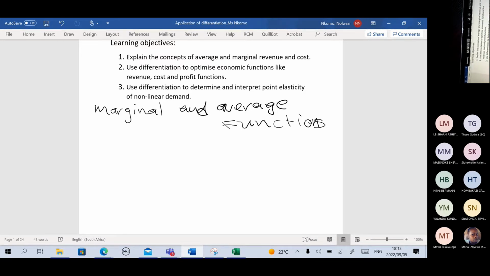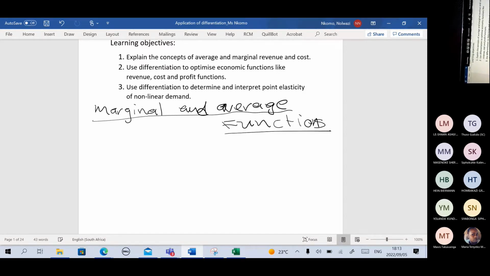And the derivative of a function was introduced as the equation for a rate of change of the function, right? So in economics, the rate at which the total revenue changes is called the marginal revenue, and the rate at which the total cost changes is called the marginal cost, right?